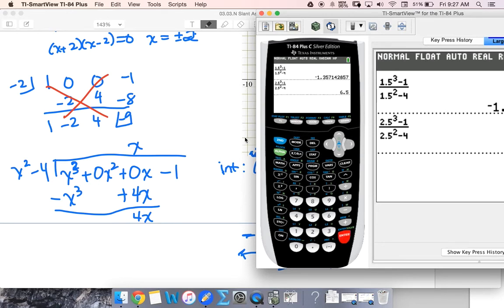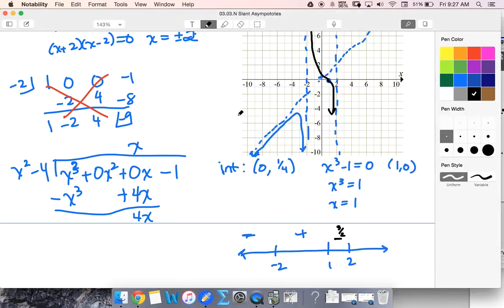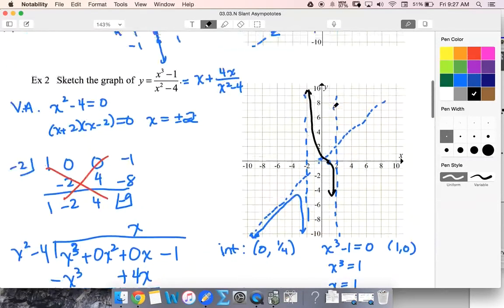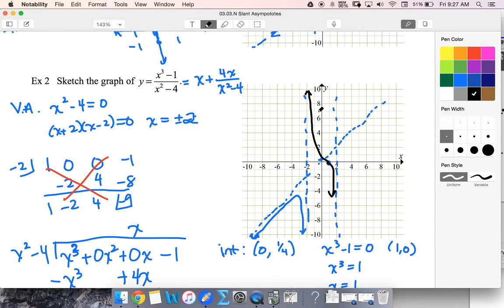And now I get a positive value of 6.5, which tells me that all my y values from 2 until infinity are going to be positive. So I'm going to follow my asymptotes where the y's are positive. And there is our graph for x cubed minus 1 over x squared minus 4.